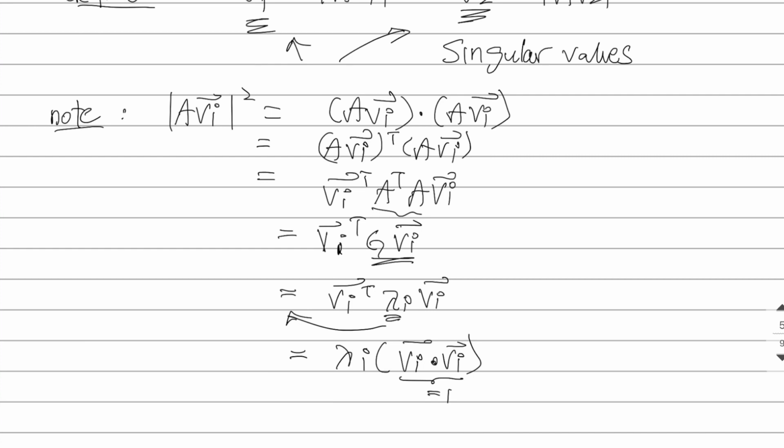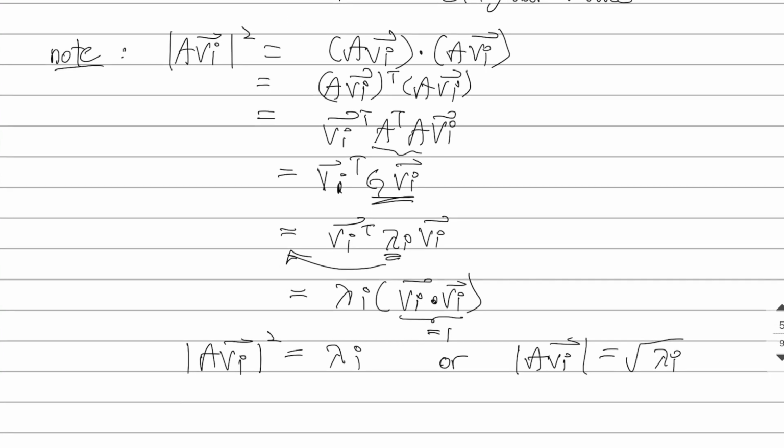So what we have is that the length of this vector squared is the eigenvalue, or if we were to now say the length of that vector, I need to take the square root of this thing. And here's where normally you'd have to be careful, but we are lucky.